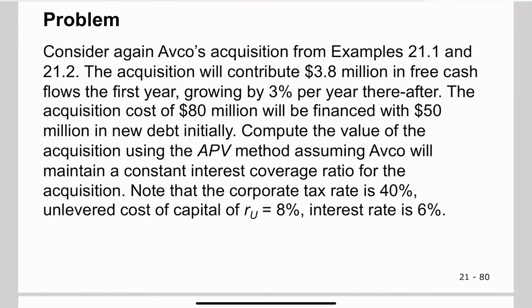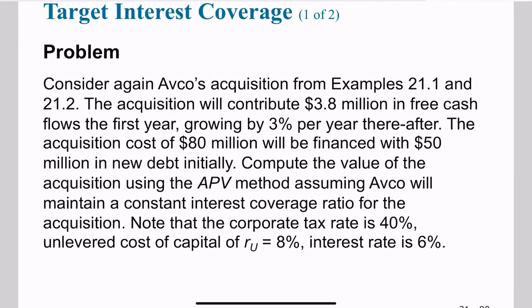Now, the question is, find out the value of this acquisition using APV method, and by assuming AVCO will maintain a constant interest coverage ratio. And we assume the tax rate is 40% and ROE is 80% and interest rate is 6%.